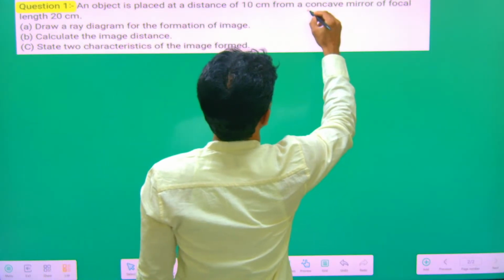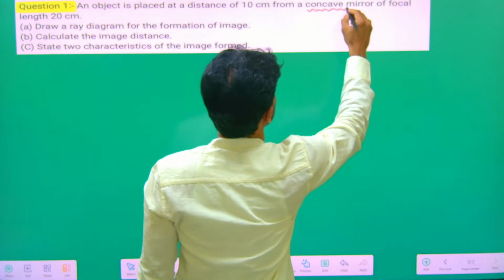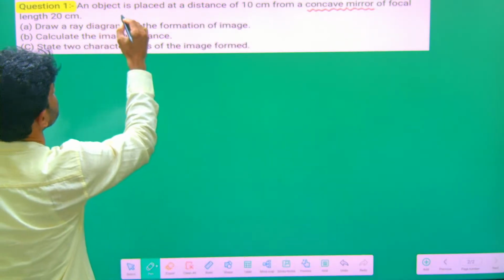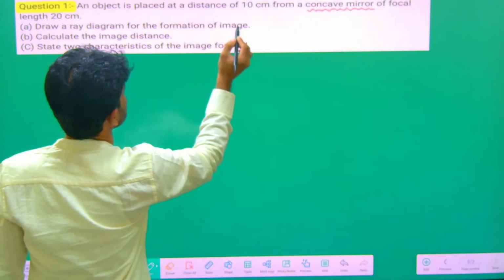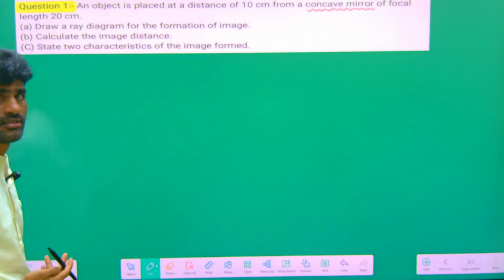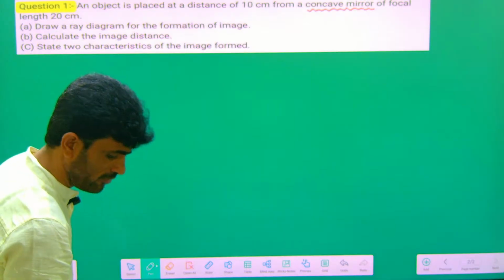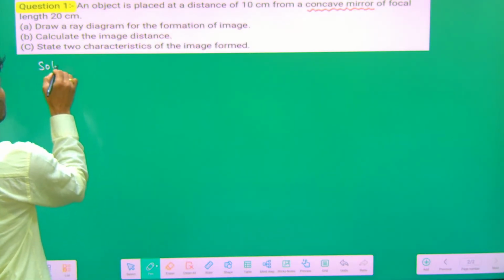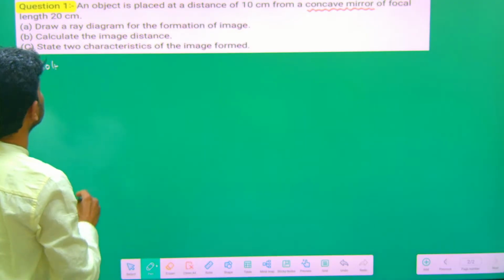So what kind of mirror is it? It is concave. When it is concave, we should have an idea about the sign convention. Object distance is given. Let us note the values we have. Solution.